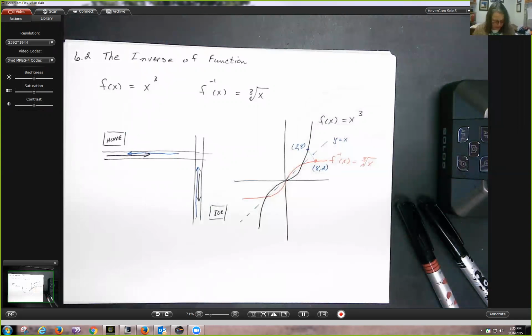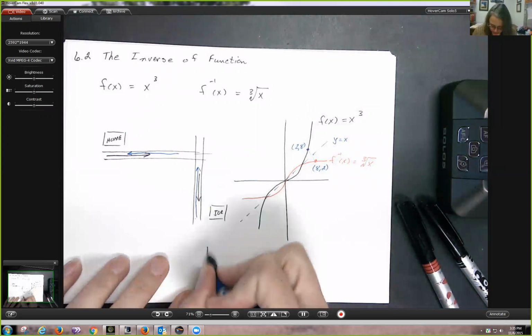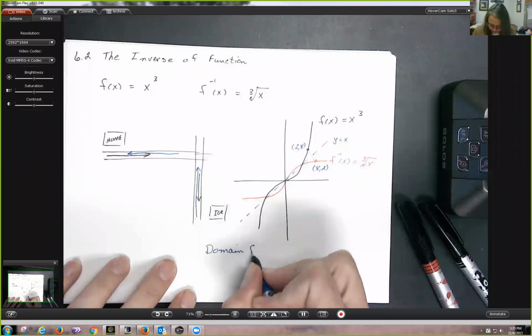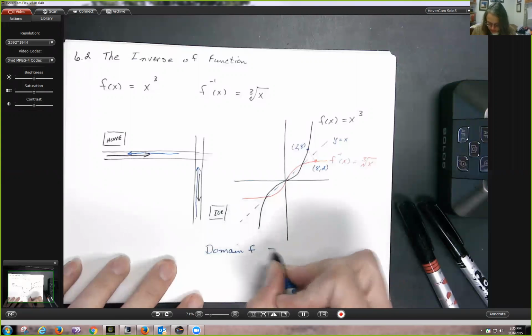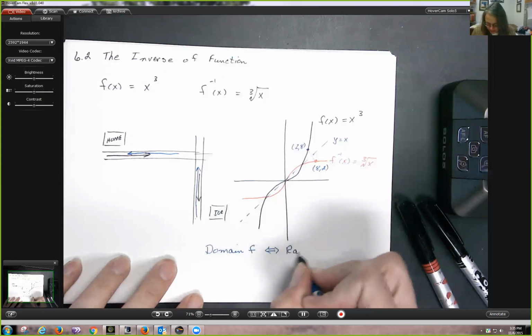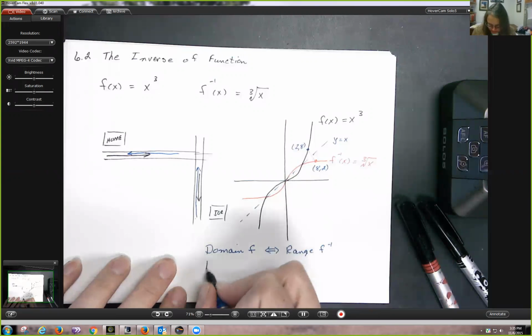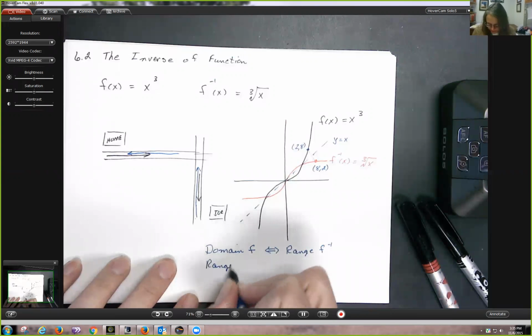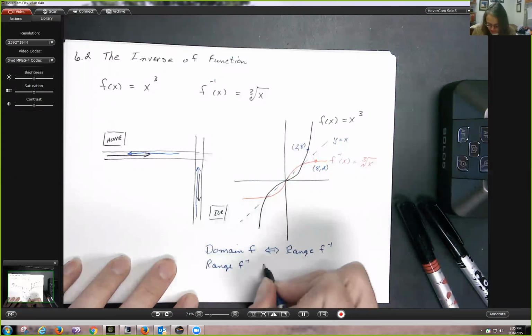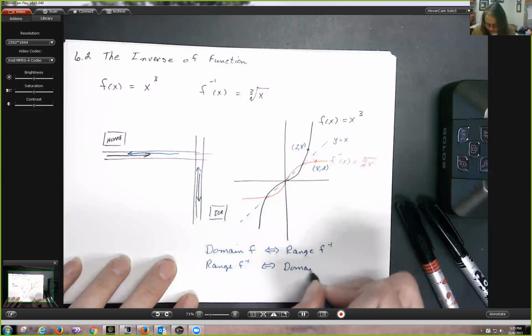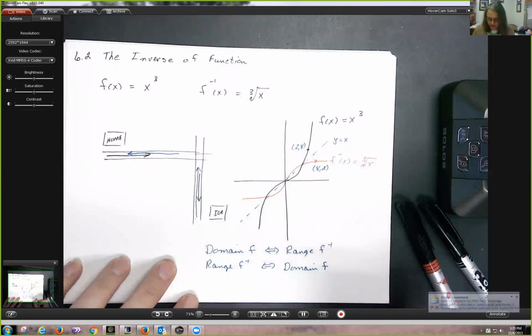What that means is that the domain of the function corresponds to the range of the inverse. And the range of the inverse corresponds to the domain of the function.